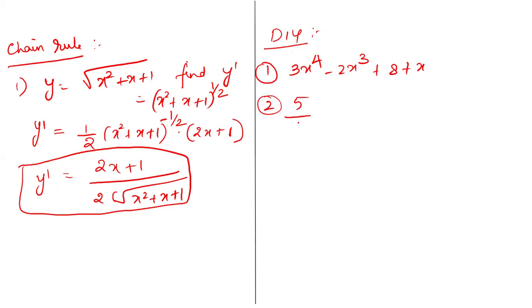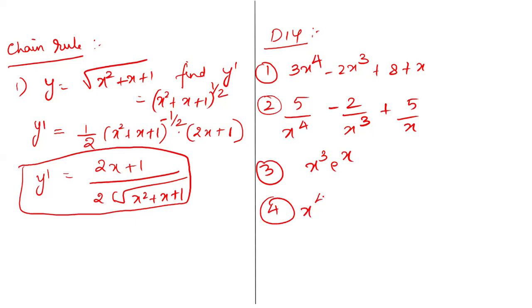The second question is 5x power 4 minus 2 by x cubed plus 5 by x. The third one is x cubed e power x. And the fourth one is x power 4 minus 3 sin x plus cos x.